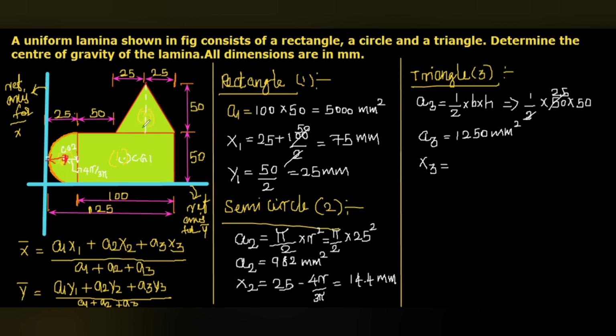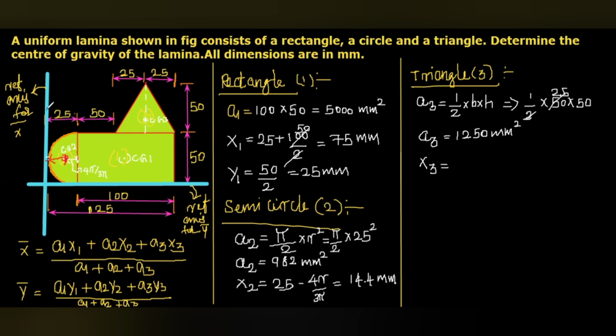But for the y bar calculation or y3 calculation, from the reference axis, you can see that the center of gravity should be on this axis, which separates the triangle into two segments symmetrically. So this will be CG3. From this end 1 by 3h, and it will be on the symmetry line.